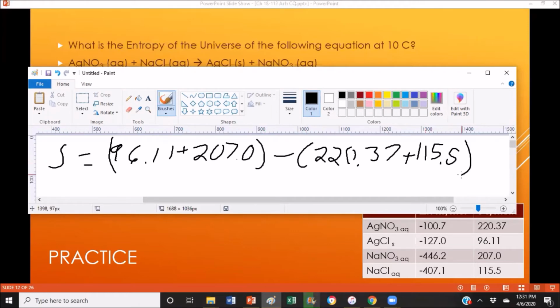Products minus reactants, so 96.11 plus 207.0, minus 220.37, minus 115.5.